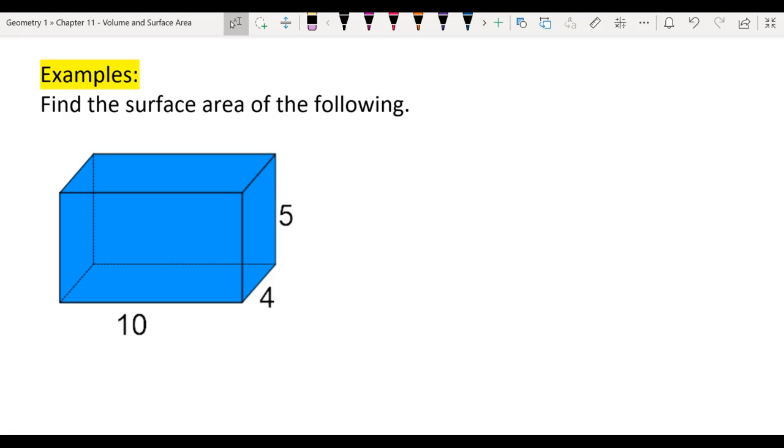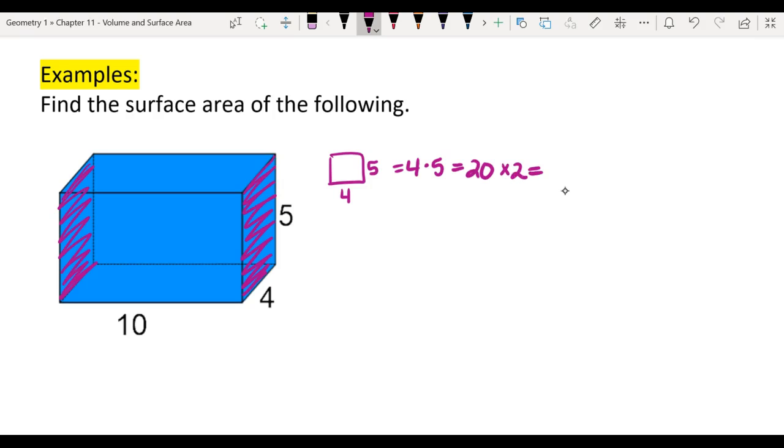Both the left-hand side and the right-hand side have the dimension 4 by 5. So what's the area of one of those sides? 20. The area of one side is 4 times 5, which is 20. But I have two of them, one on the left and one on the right. So what's the total area of the left and right side? 40. Good.